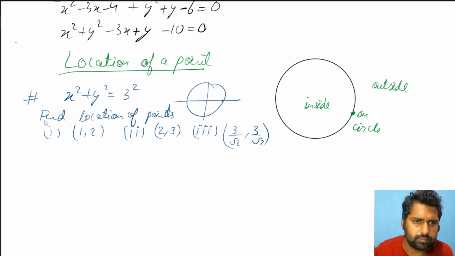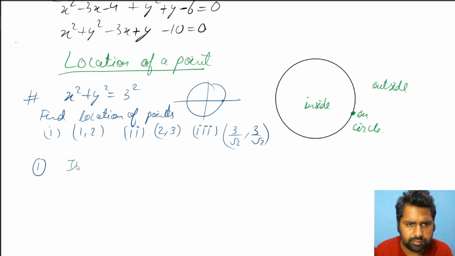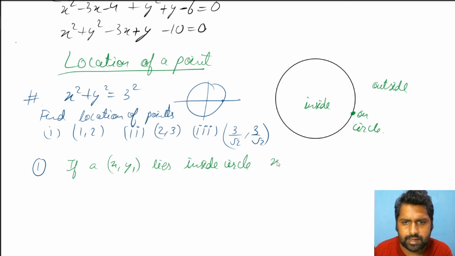In order to calculate this, first of all, if a point (x1, y1) lies inside the circle, then x1 square plus y1 square is less than the radius square.